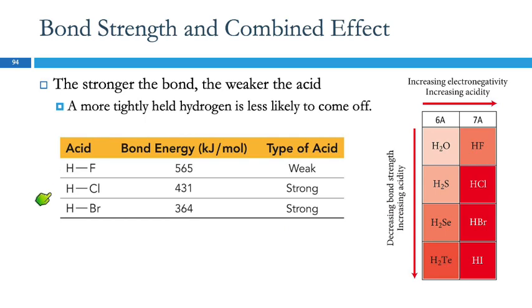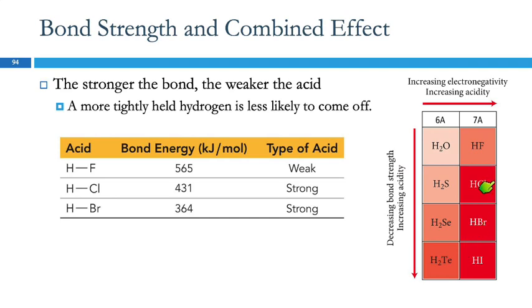So acid strength is going to increase as we go down. Electronegativity also is going to affect the strength. Electronegativity increases as we go towards HF.